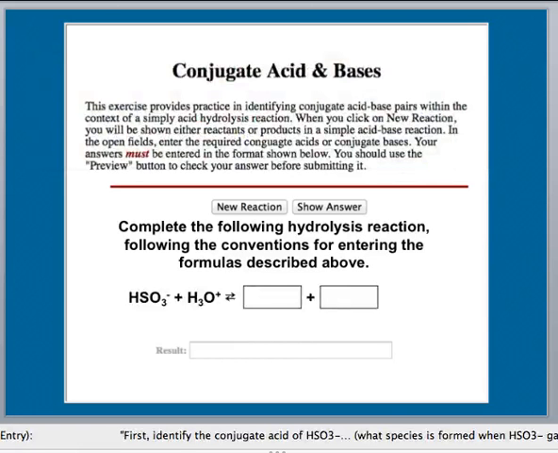This is hydrogen sulfite. Hydrogen sulfite is going to react with hydronium to form something. Now, we know that hydrogen sulfite could be a Bronsted acid, couldn't it?